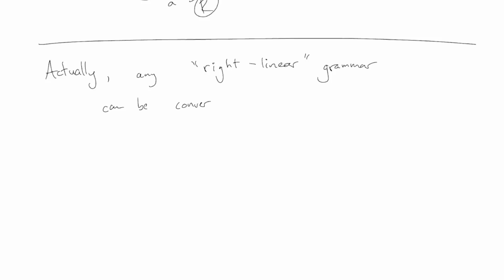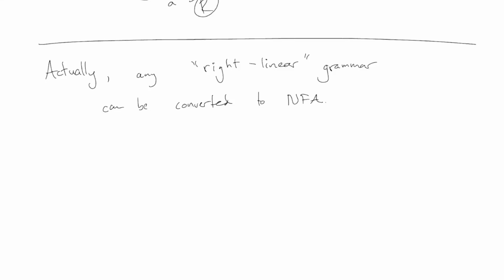Actually, we can do slightly better, even a little bit more generally than single step. These are called right linear grammars, and they can be converted to NFA. There are many different classifications of different types of grammars.